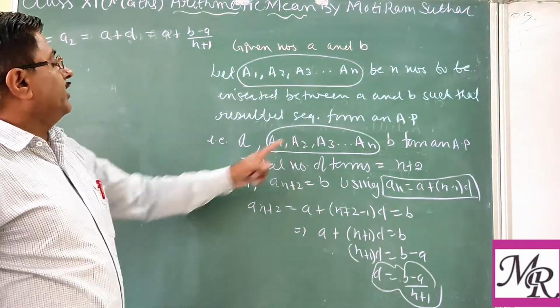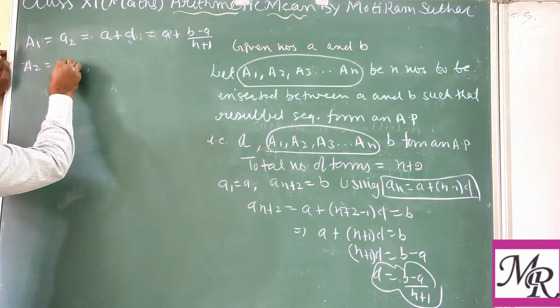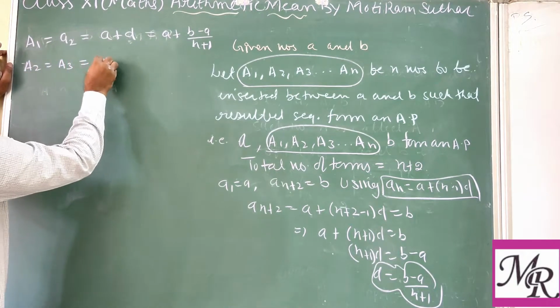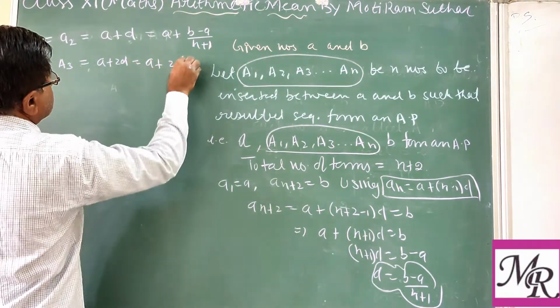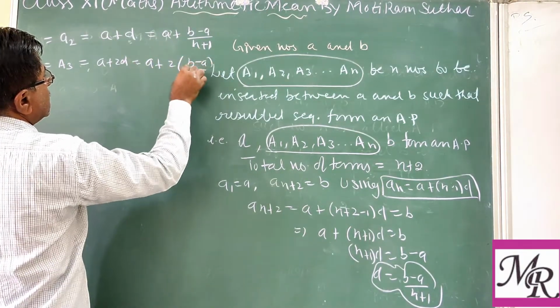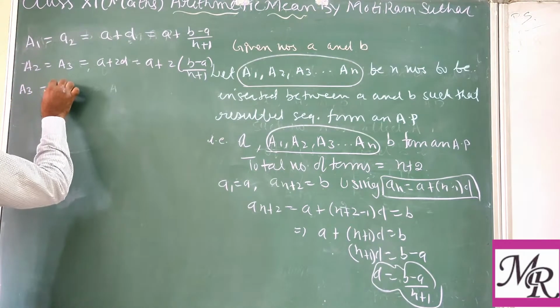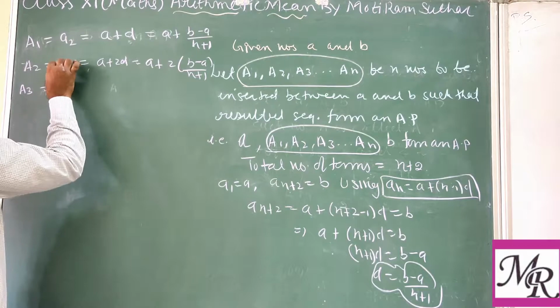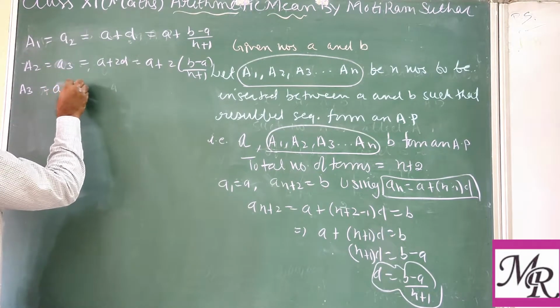Similarly, if you want to find A2, meaning the third term, that is A plus 2D. So A plus 2D means A plus 2 into B minus A upon n plus 1. In this way you can find the fourth term and all the terms.